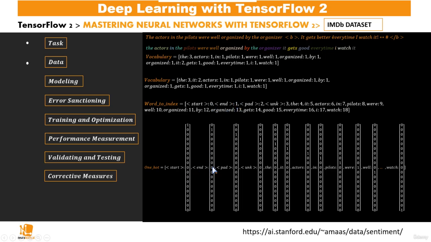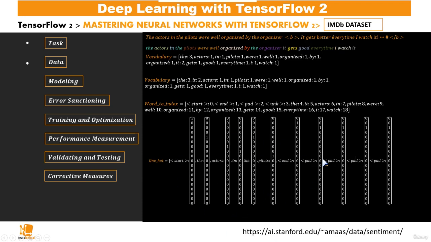Let's use this example since it's going to be clearer. The word there gives us the value 4. So instead of putting this one hot notation, we have the value 4. The actors, we have the value 6, and so on and so forth.